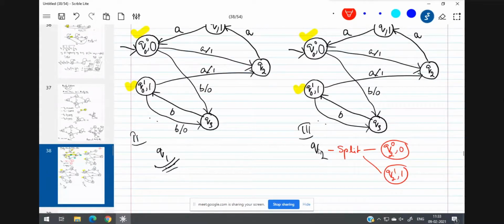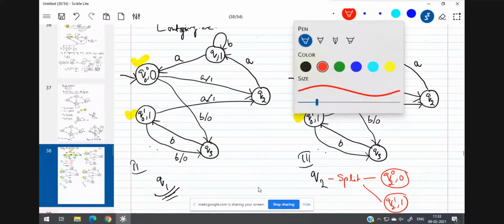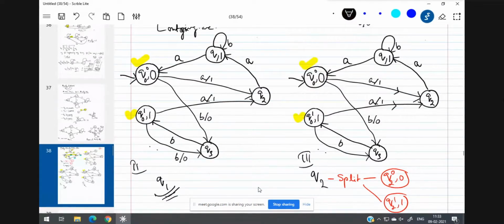So now what I need to do is, in order to avoid our error rates, I'll just do one thing. Let me keep this one as it is.